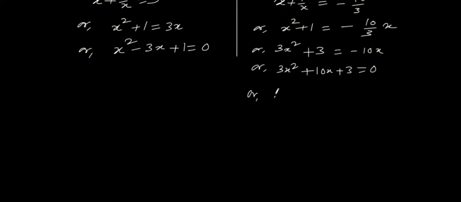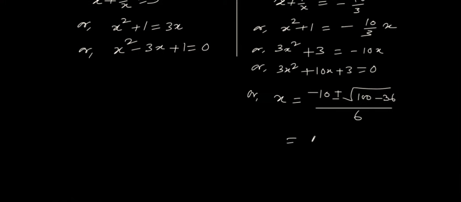What we will get, x is minus 10 plus minus root over 100 minus 36 by 6, and simplifying, negative 10 plus minus root over 64 by 6, or negative 10 plus minus 8 by 6.